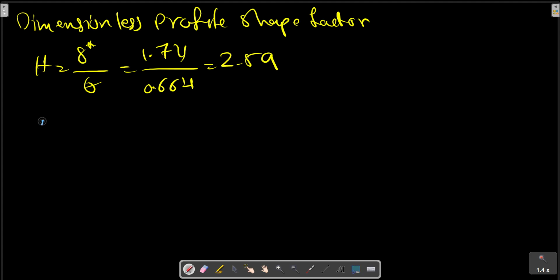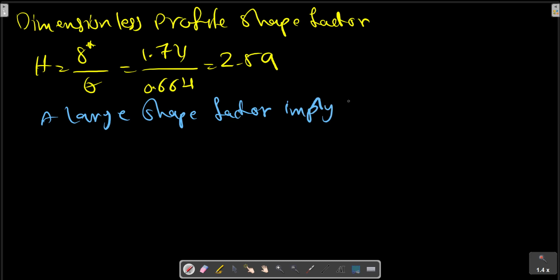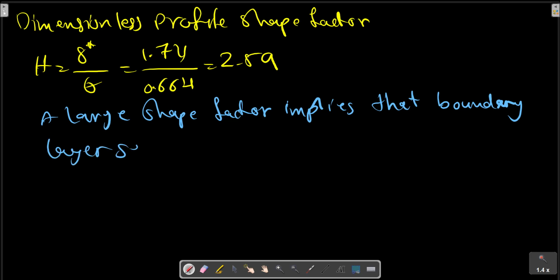Large shape factor implies that boundary layer separation is about to occur. Separation.